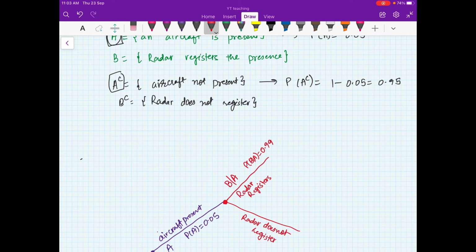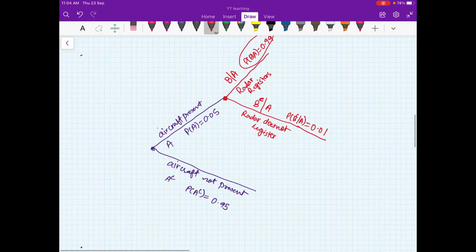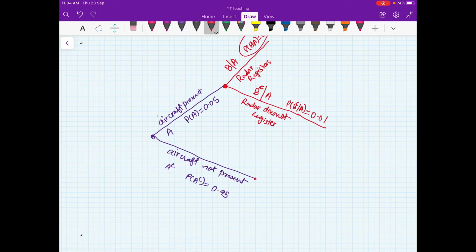Okay, and then probability that radar does not register. So here you see aircraft is present but radar does not register. So that is B complement given A, because sum of this probability and this probability has to be 1. So this is 0.01. Is that thing clear? And similarly here also you can have further branches of the tree. So here radar registers.